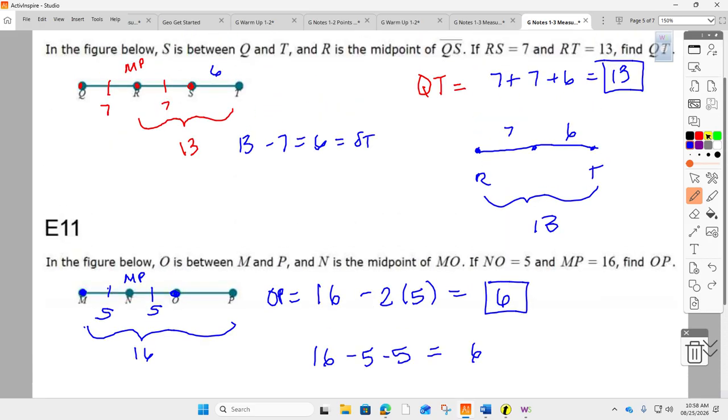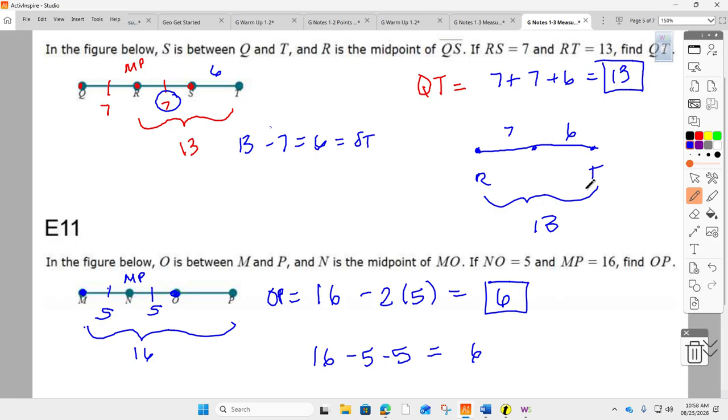Okay. So we knew that RS was 7, right? And they told us that RT is 15. So this is like a segment in the segment, right? So right now we're not looking at this part, we're just looking at this part of the segment. That's why I drew it over here.